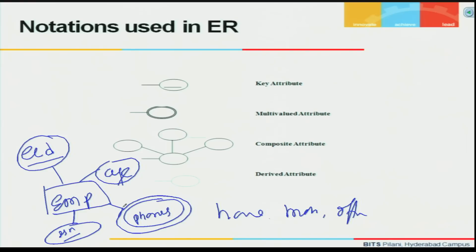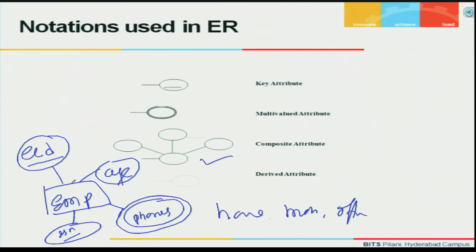And in some cases there can be attributes which are composite or complex. For example, consider the address attribute of a person or employee, which has subcomponents like door number, street, zip, city, and so forth. So how can we represent that? This is the notation used for that.